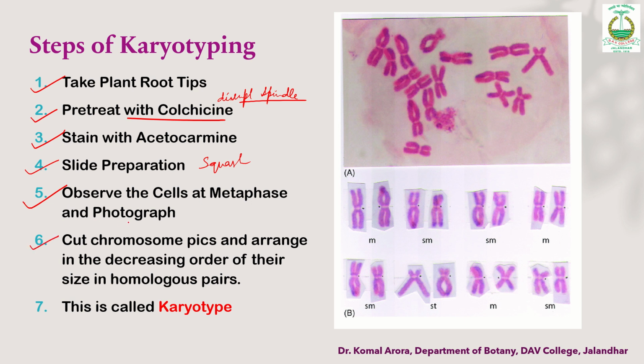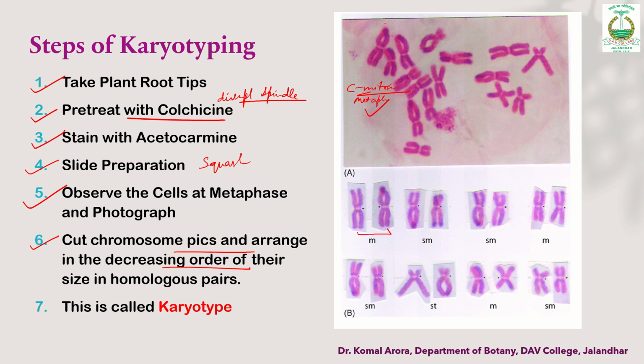Then the chromosomes are cut along their length and arranged. Those pictures are arranged in decreasing order of size in homologous pairs. First you have to trace the pairs. For example, these are metacentric. This is the picture that we obtained at metaphase. Since it is after colchicine treatment, this is called C-mitosis, C-metaphase.